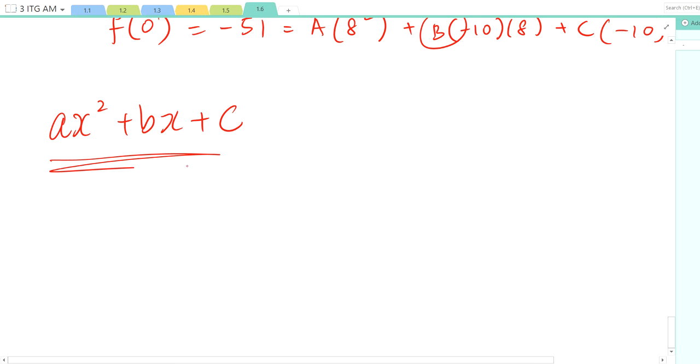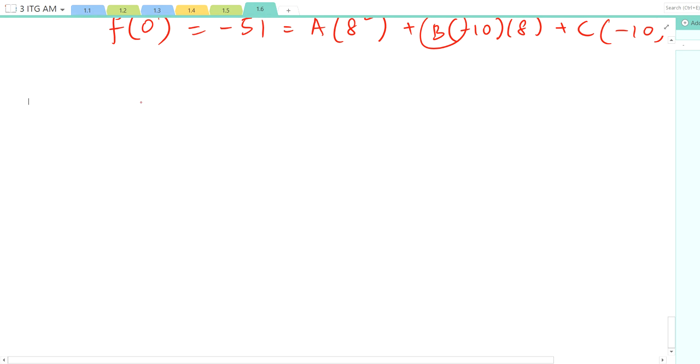Okay, you should be very familiar with this. Sometimes it can be factorized into something like this, right? Sometimes it cannot. When is a sure case of when it cannot be factorized? Okay, let me give you an example. X squared plus 3. Can you factorize this? You can try, but you won't be able to.